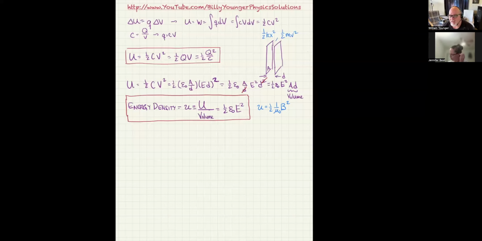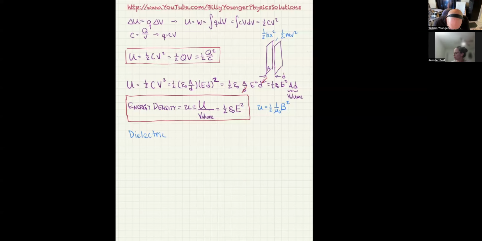Now, the one last thing that I wanted to express to you about a capacitor is, in general, you can take a capacitor and fill the space between the positive plate and the negative plate, no matter what kind of capacitor it is, with a dielectric. A dielectric is a fancy word for a non-conductor or an insulator.